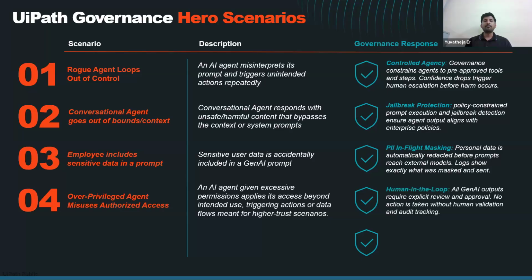So let's say an employee includes sensitive data in a prompt, what to do then? As I mentioned, the employee had accidentally copied and pasted sensitive data as a prompt to the agent. Our AI trust layer will mask the data before it's passed to the agent.